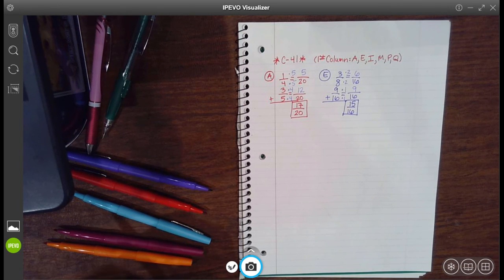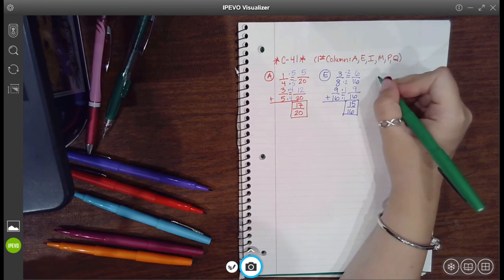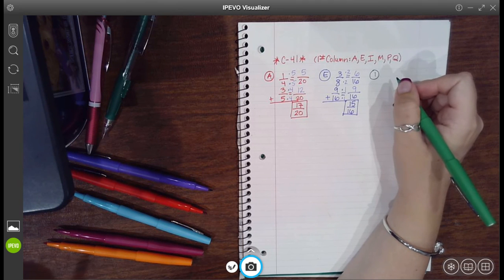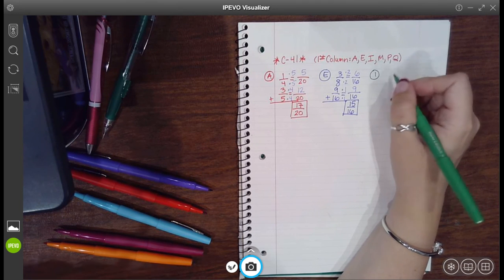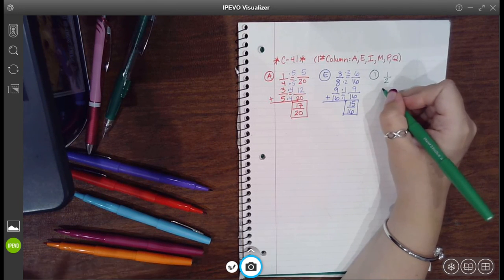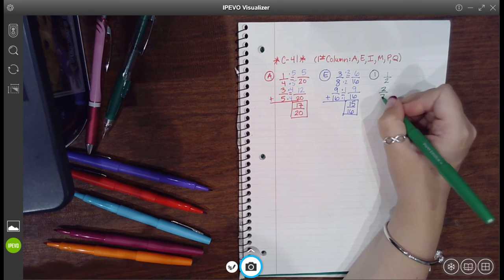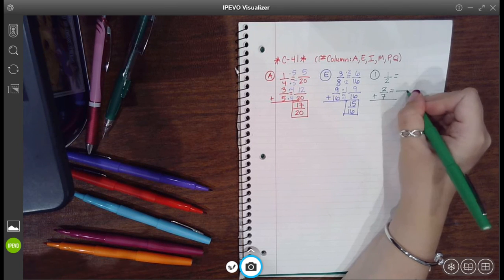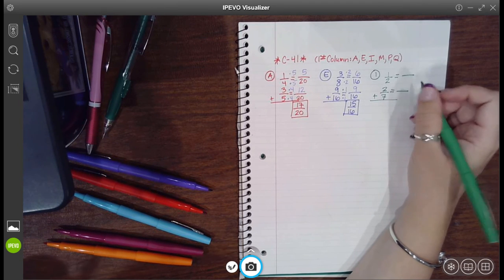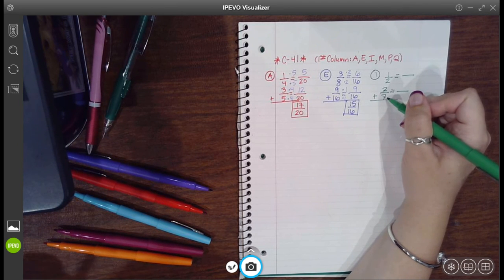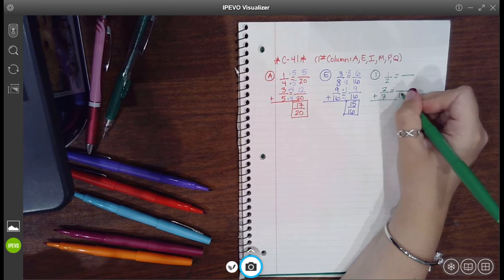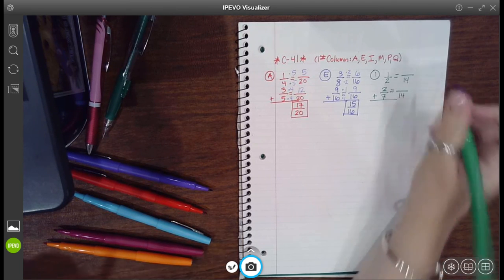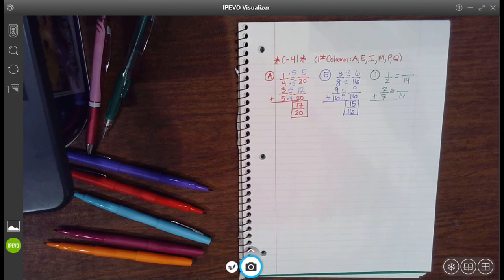The next one I wanted us to try was I. I says 1/2 plus 2/7. Look at your two denominators. What can 2 and 7 both become? Can 2 become 7? No. So 7 times 2 is 14. Can 2 become 14? Yes, they both can. So then we're going to write equivalent fractions.